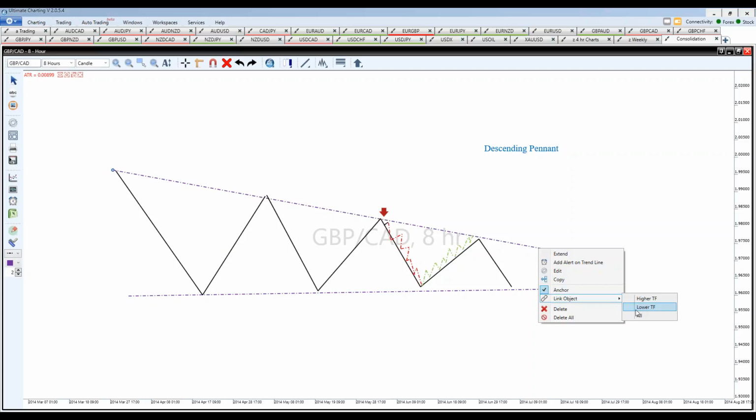So what do you look to do on that lower time frame? Every time the market visits resistance, you start looking for selling opportunities, and you keep on selling those lower highs all the way down to support.